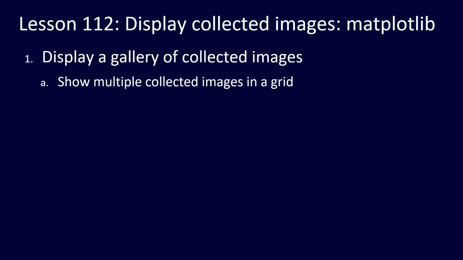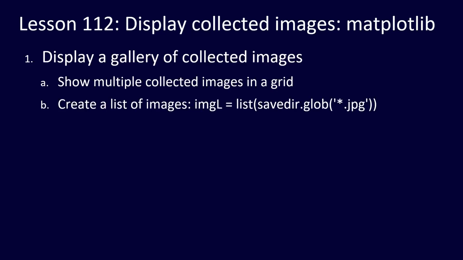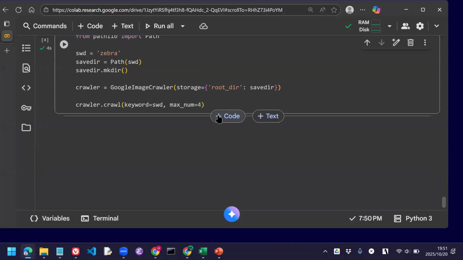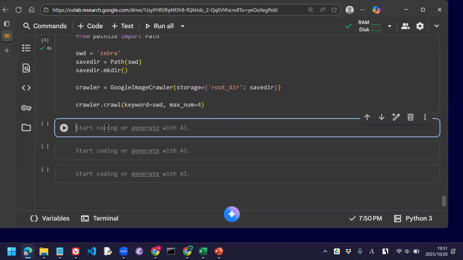So let's see, we want to show multiple images in a grid. Actually, there are only 4, so we'll line them up in one line, okay? To do that, first we need to create a list of images like this using save dir dot glob. This is an interesting capability of pathlib.